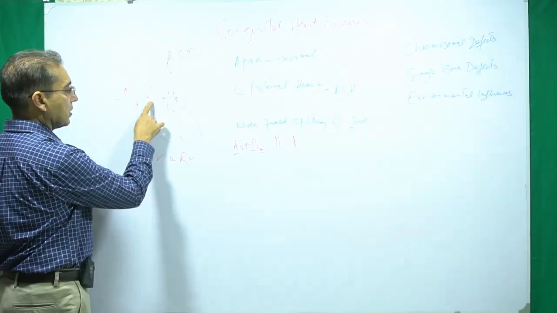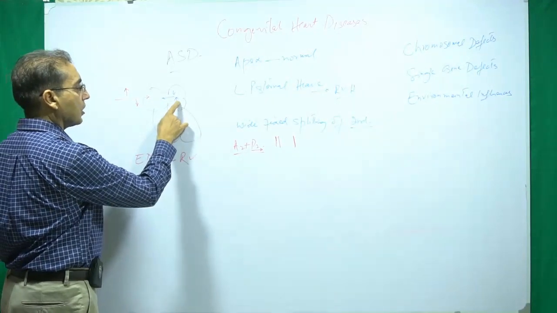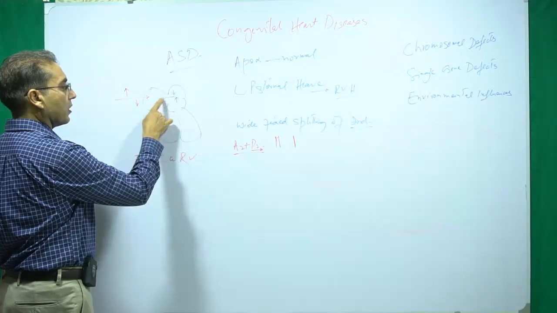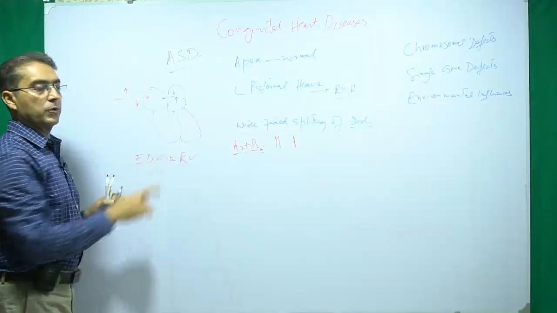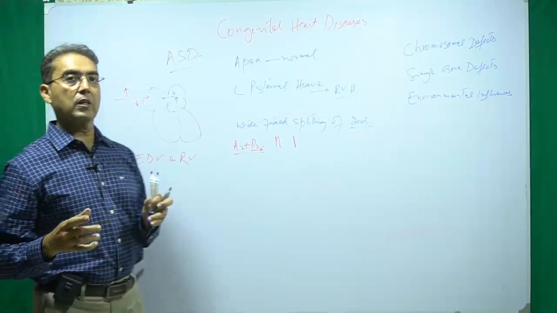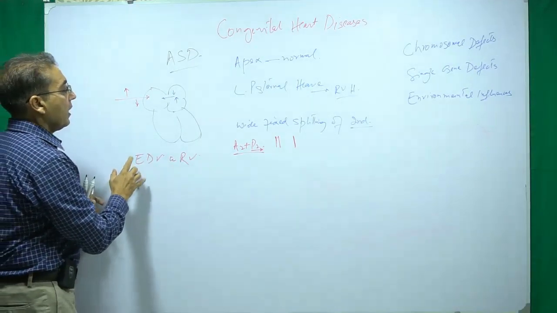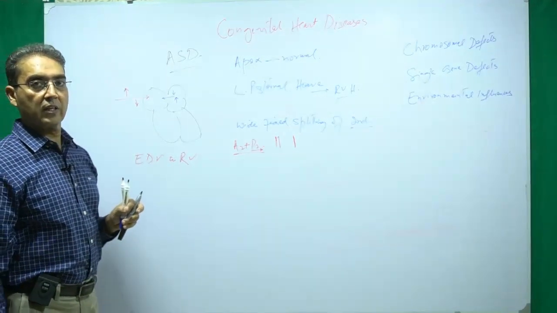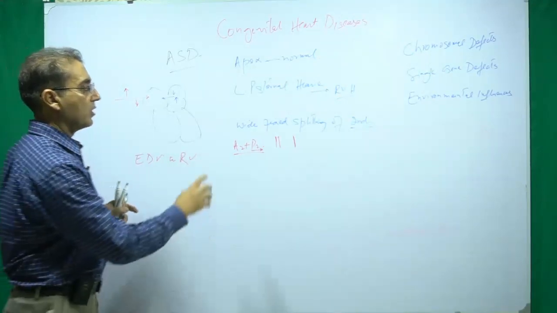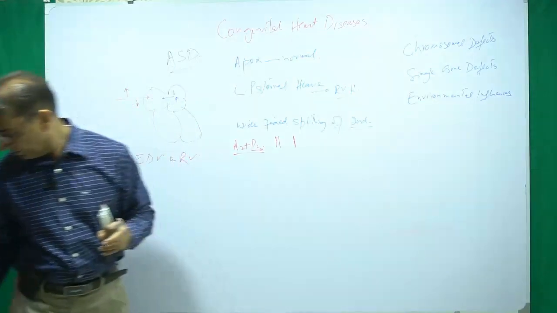This flow decreases, the pressure in the RA decreases, therefore the shunt flowing from the left atrium to the right atrium increases. So in both phases of respiration, the blood volume in the right ventricle remains nearly the same, so therefore the ejection time of the right ventricle remains the same. So because of this, the splitting does not vary with respiration.